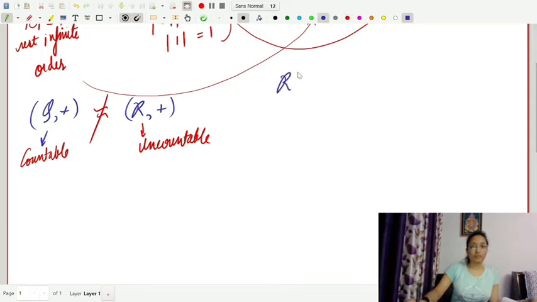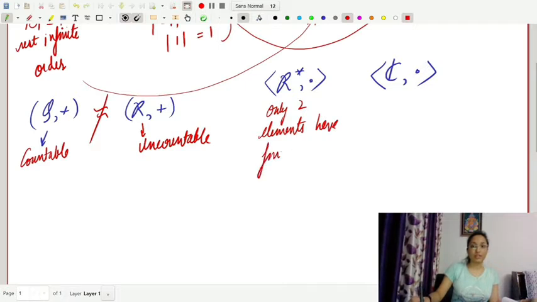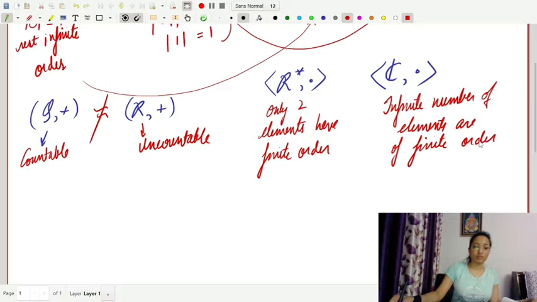Another example, reals under multiplication and complex numbers under multiplication. In reals under multiplication, we have seen that only two elements have finite order, while in complex, an infinite number of elements are of finite order.